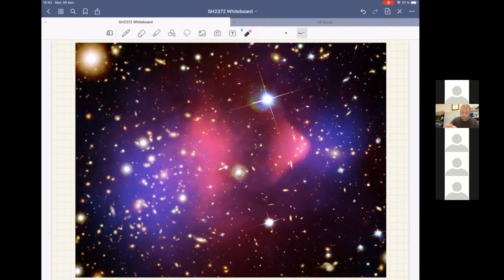So what you do essentially is look at how the background is lensed, and then you can infer how the potential looks, and therefore how the matter distribution is there. So the thing to note here is that when you have these 2 colliding things, you have the ordinary matter in the middle, and ordinary matter collides, so it slows down. Whereas dark matter is essentially collisionless, which means that it just continues on.